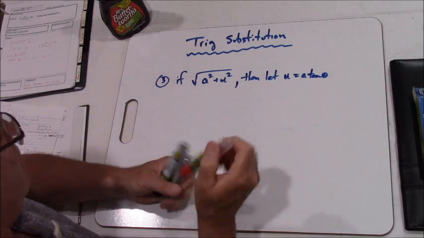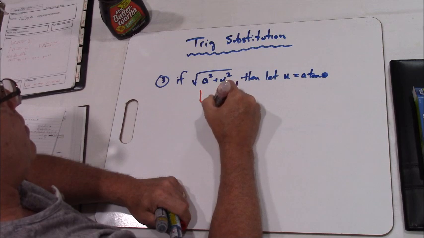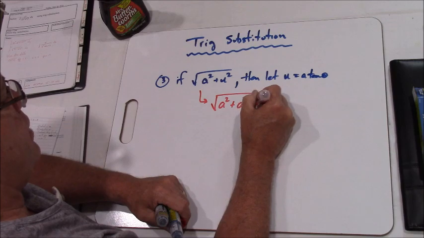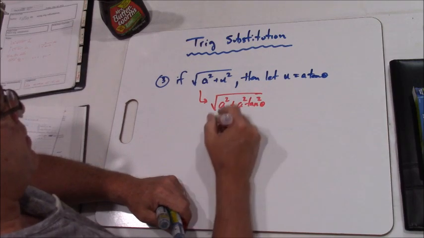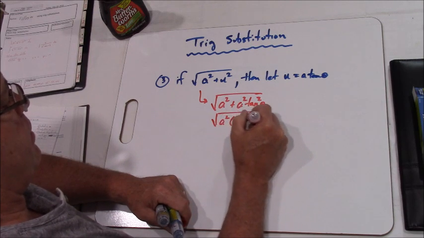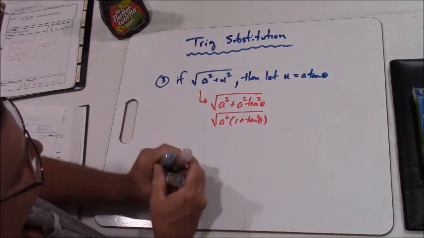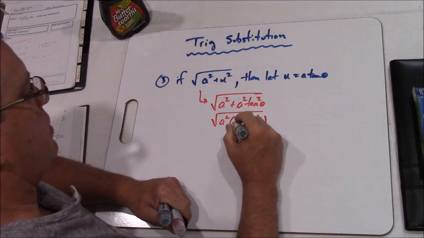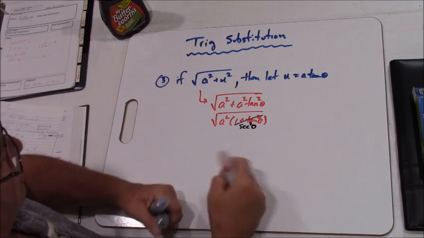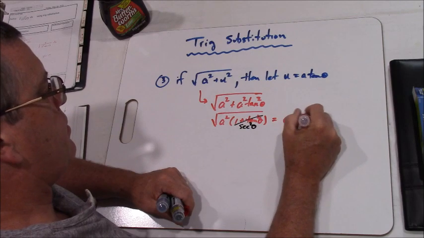And so again, if I substitute that in here, this becomes the square root of a squared plus a squared tangent squared theta. If I factor out an a squared, then I'm left with 1 plus tangent squared theta. And using our Pythagorean identities, this becomes secant squared of theta. So the square root of this becomes just a secant theta.